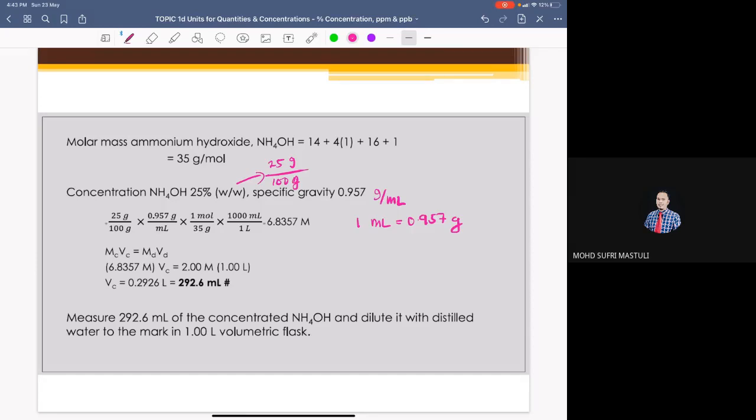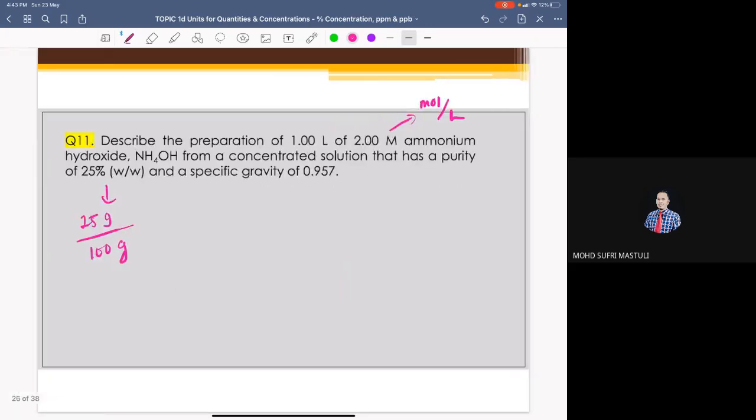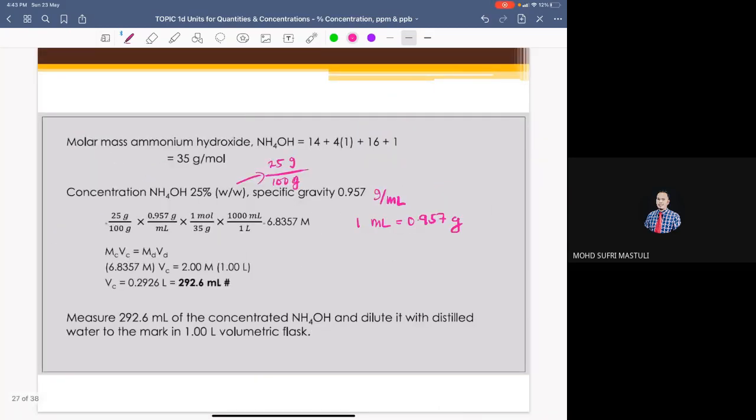So we can calculate the molarity of the 25% weight per weight solution. Molarity is mole per liter.